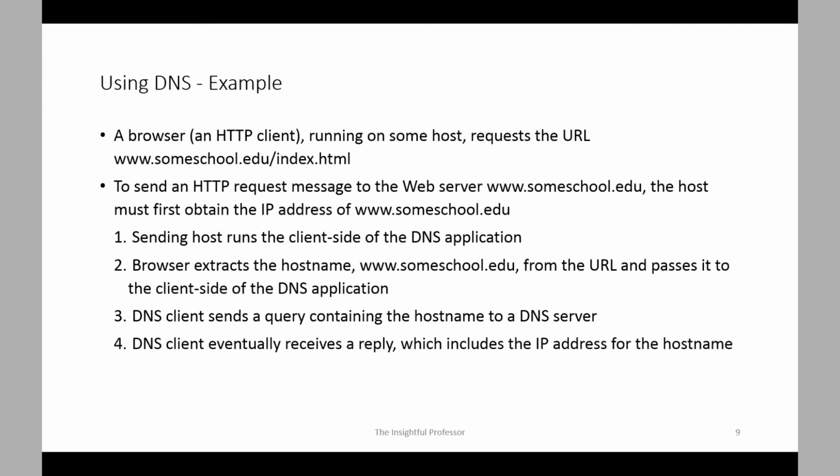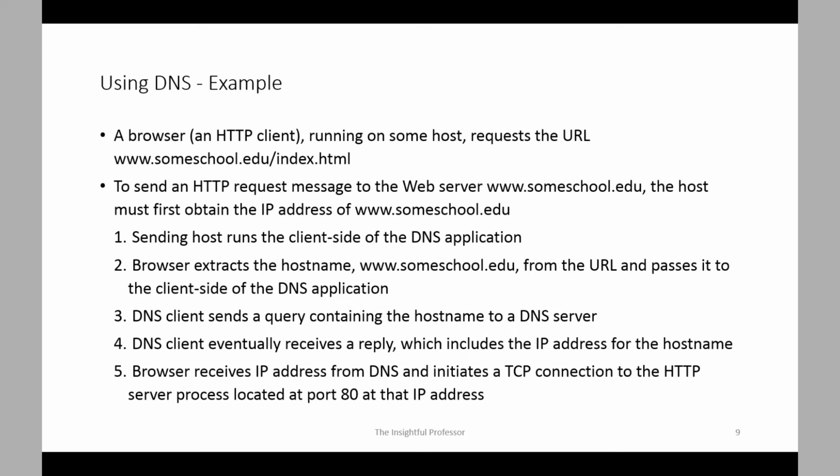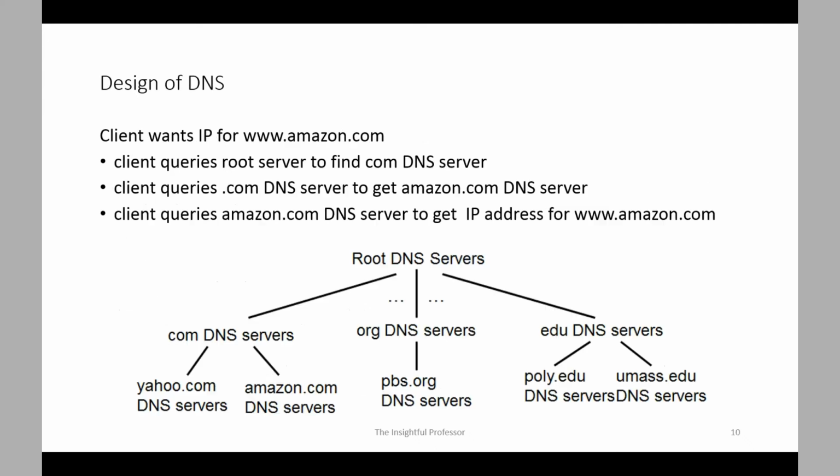The DNS client eventually receives a reply, which includes what we were looking for, the IP address for the host name. The browser receives this IP address from DNS, initiates a TCP connection, because this is how HTTP works, and uses port 80 at that IP address.